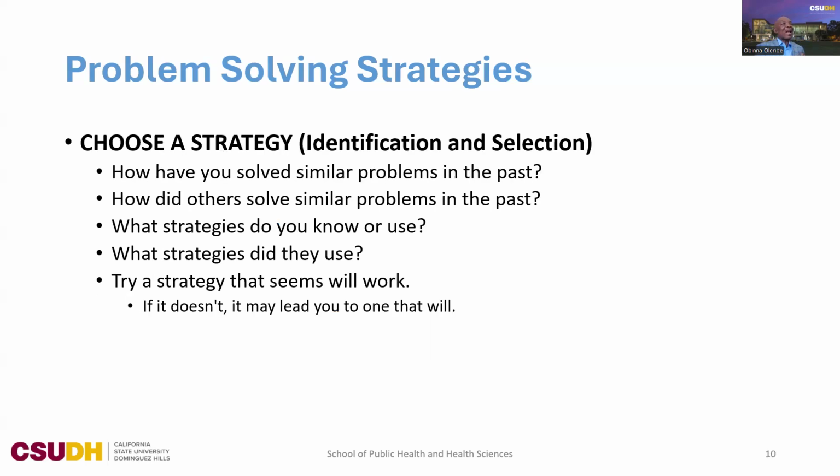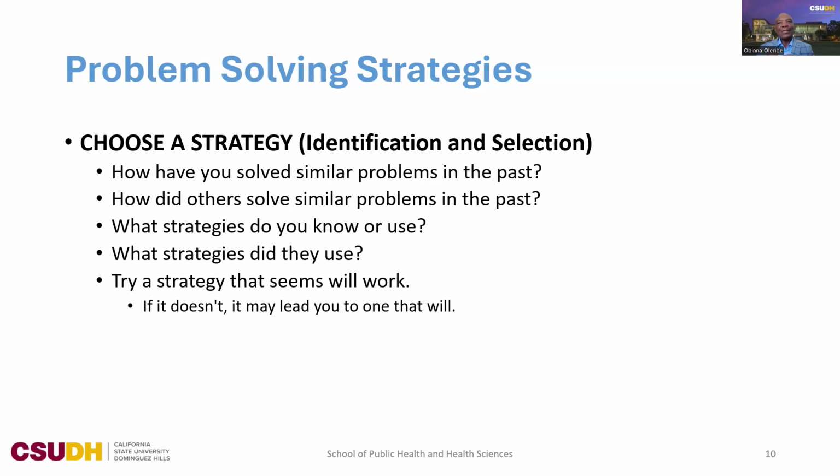Then once you make a diagnosis, you must identify and select a strategy. Friends, once the problem has been clearly diagnosed, the next step is to identify and select the most effective strategy to address it. This phase involves drawing on experience, learning from others, and being open to testing new approaches.